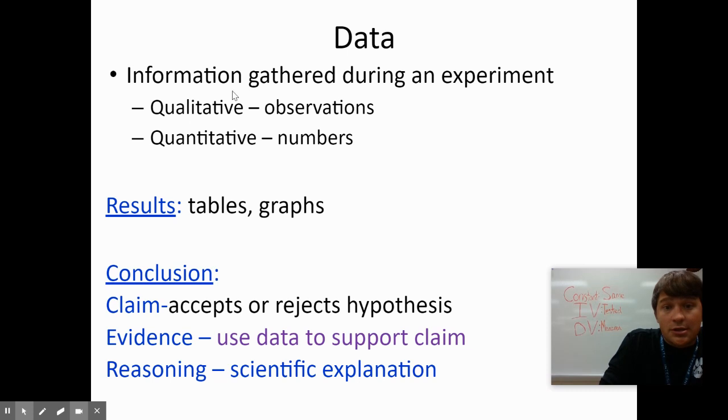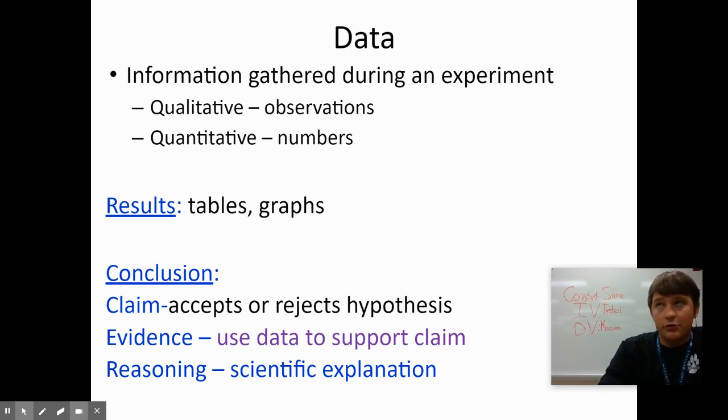Qualitative observations are going to be more observations, or things that don't involve numbers, is kind of an easy way to look at that too. Typically, we are going to take that data and show it somehow, whether it's a table or a graph. That is an easy way to organize it. It makes some of us type A science teachers very happy to see a nice and clean graph to read your data with.